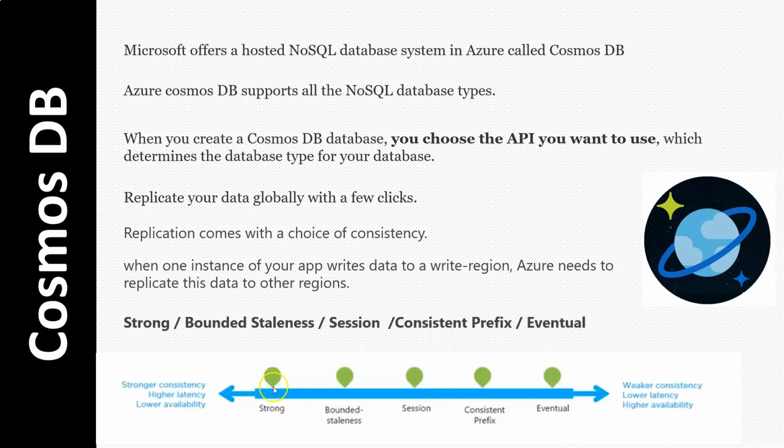The ones on the left side are the stronger ones, and the ones on the right-hand side are lower latency or high availability replication approaches. We'll talk about each one in the next video. We cannot cover the consistency types in this video.